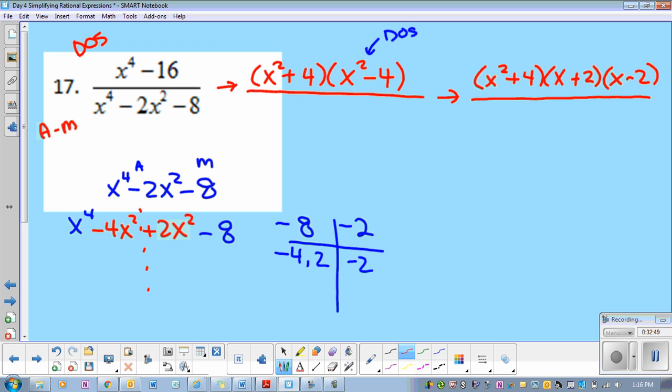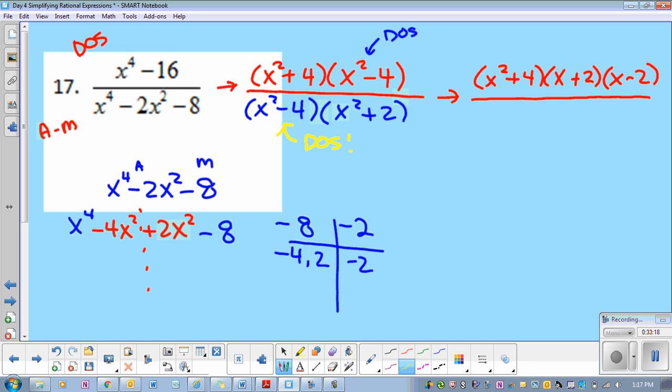Now when you do, that's what you should have. x squared minus 4, x squared plus 2. You can factor that. Really though, we could have canceled out right here, but we love to factor, so we'll factor it again.